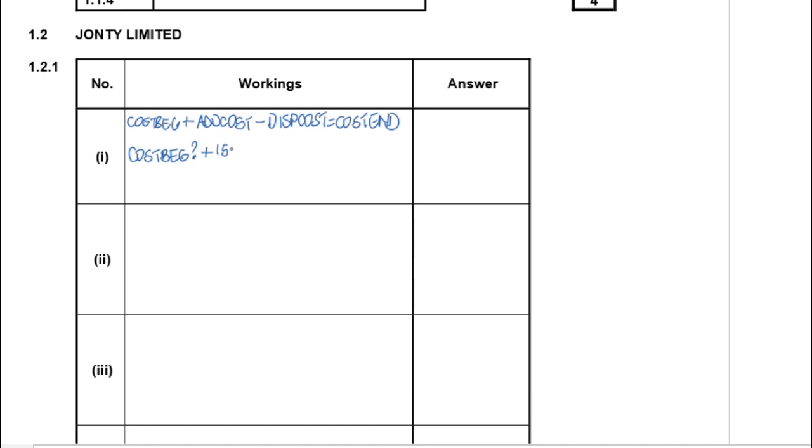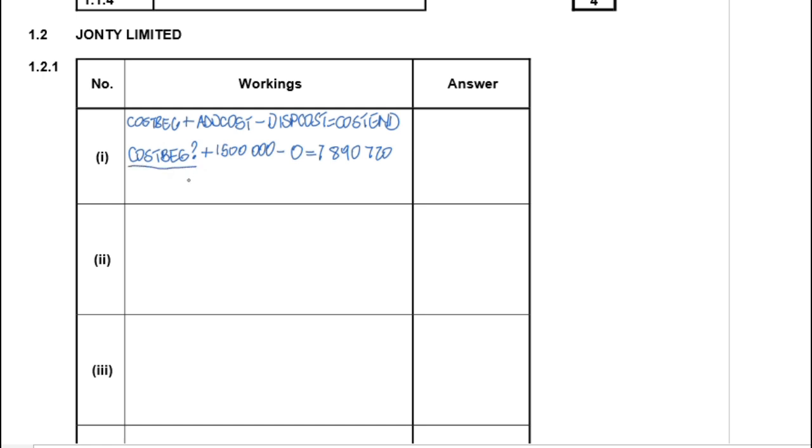Plus, we said additions at cost are 1,500,000. Minus disposals at cost, we said that's going to be 0 because there's no information about disposals in the question. Is going to be equal to cost at the end of the year, which is going to be 7,890,720 rands.